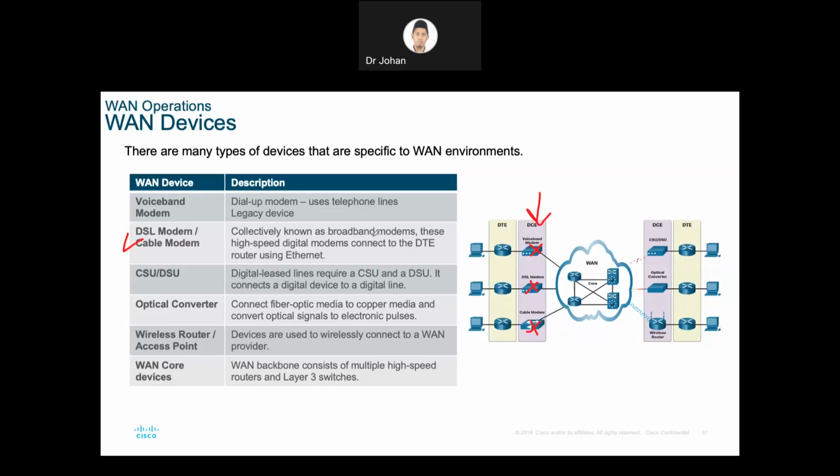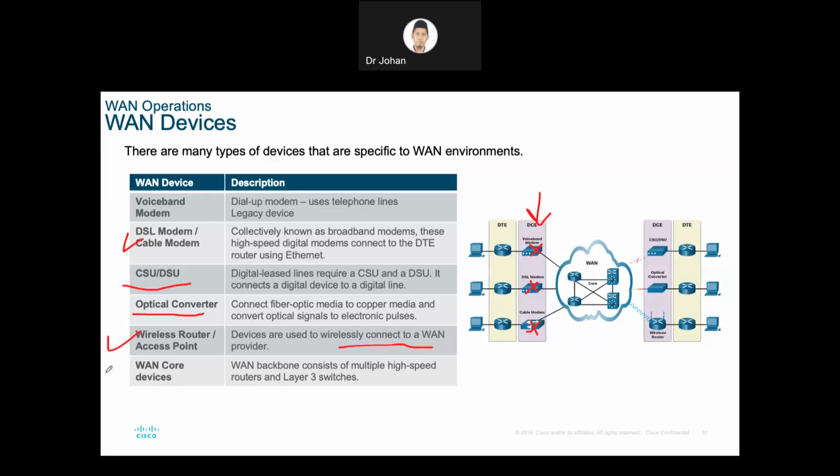What are CSU and DSU? A digital leased line requires a CSU and a DSU, which connect a digital device to digital lines. An optical converter connects fiber optic media to copper media and converts optical signals to electronic pulses. Wireless routers and access point devices are used to wirelessly connect to a WAN provider.